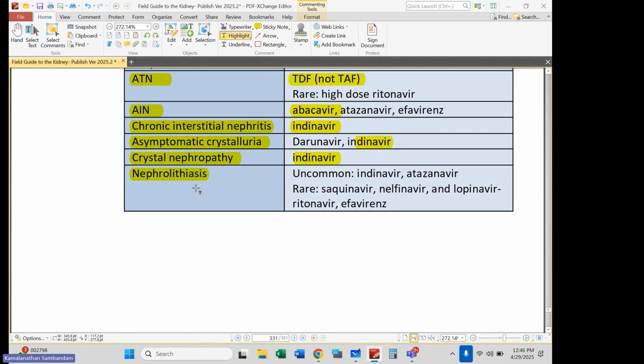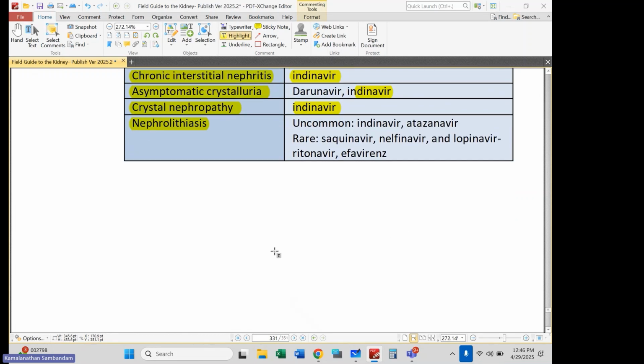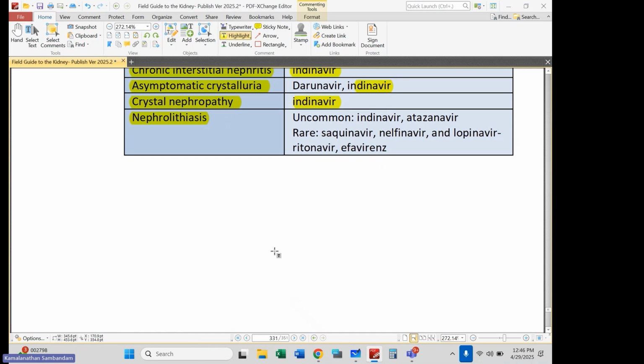And the more common manifestation of nephrolithiasis in an HIV patient is just a typical calcium oxalate stone or a uric acid stone in somebody who has chronic diarrhea related to enteropathies. Remember chronic diarrhea we talked about?